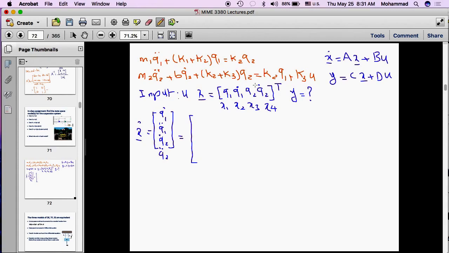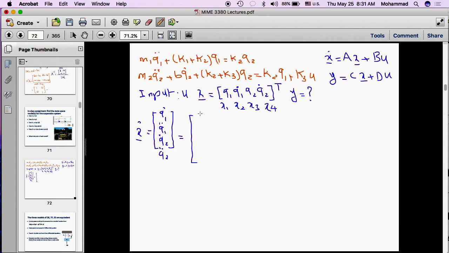So in order for this 4 by 1 to come from a 4 by 1 X, we need to have a 4 by 4 matrix A. So the dimension of matrix A is the order of the system, and it's a square matrix always. So A is going to be a 4 by 4 matrix.